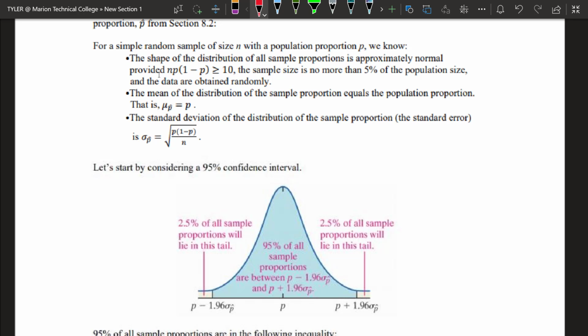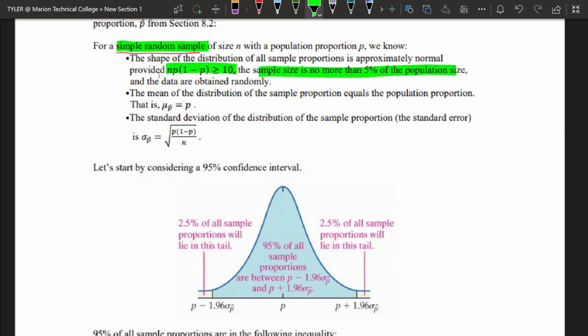So one condition is that we need to collect our data randomly, which is satisfied here, which if we do a simple random sample, then we're good. Another thing is that we need this condition satisfied, n times p times 1 minus p needs to be greater than or equal to 10. And then lastly, we need the sample size to be no more than 5% of the population size.